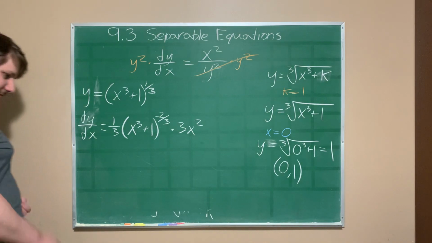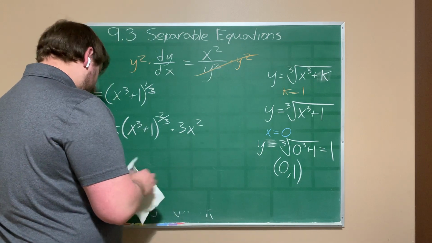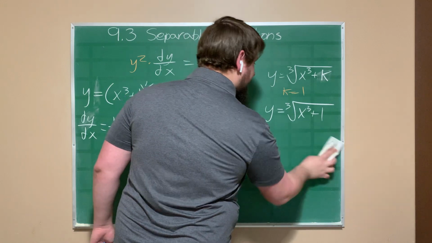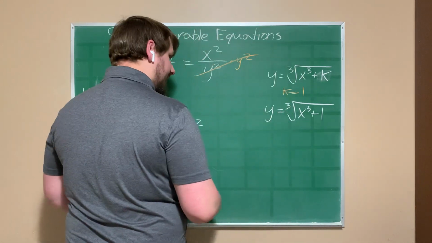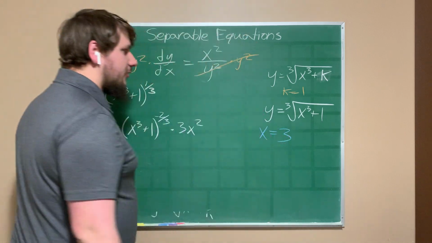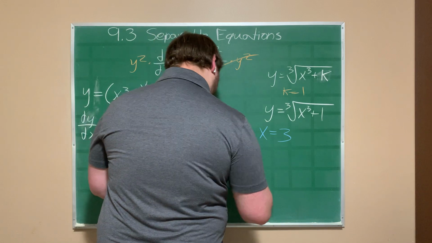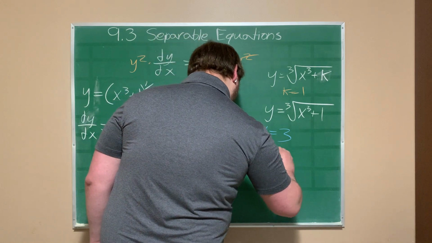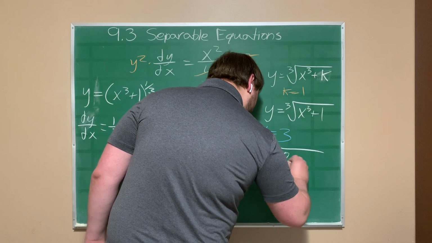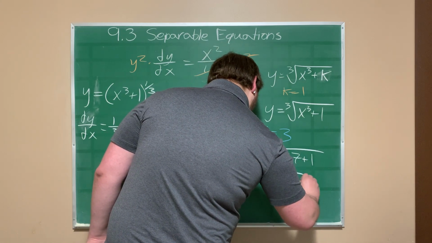Maybe you're not convinced. Let's try a different x value. Make sure that this actually works. Unfortunately, other x values are going to be a little more tricky to work with. But let's try, let's say, I don't know, x equals 3, just to pick another one here. If x is equal to 3, then y is equal to the cube root of 3 cubed plus 1, that's going to be 27 plus 1, so we get the cube root of 28 here.